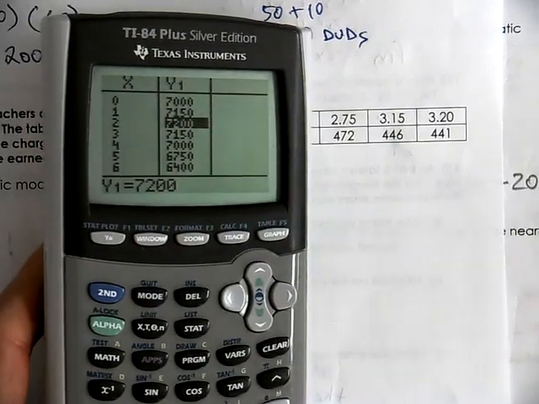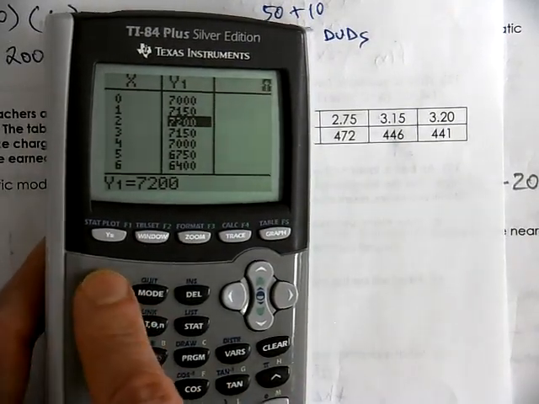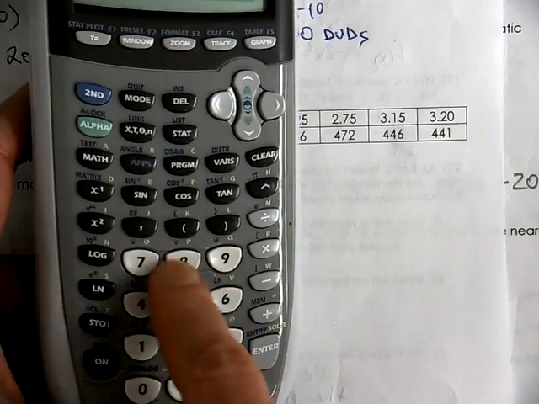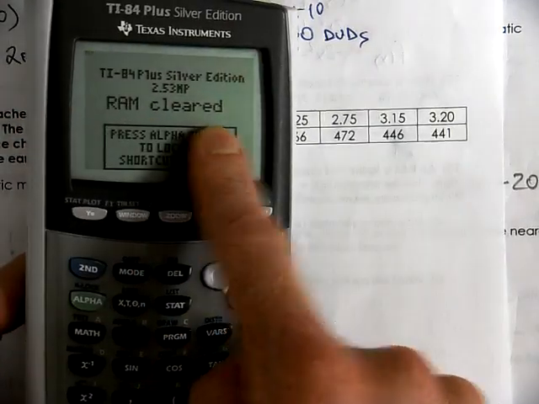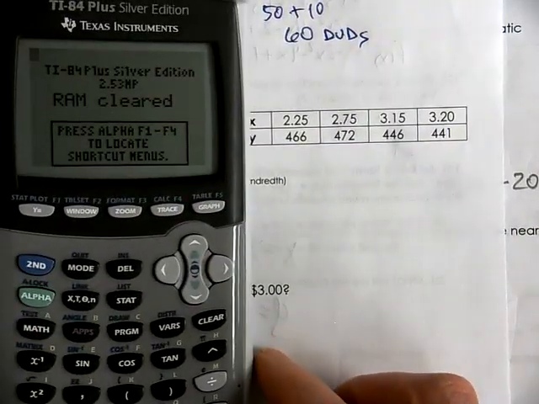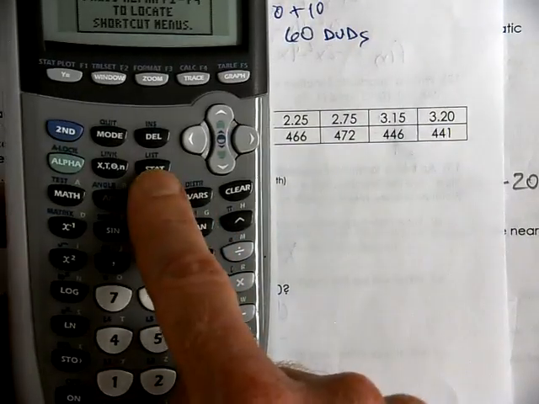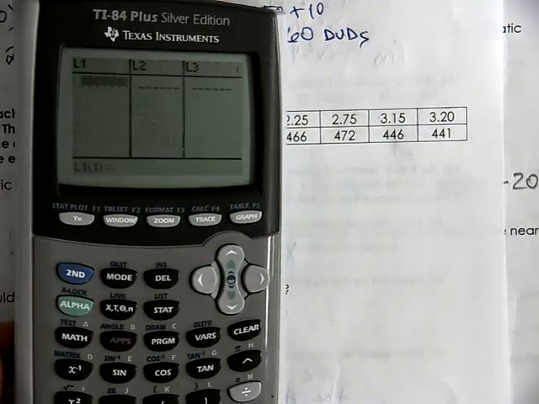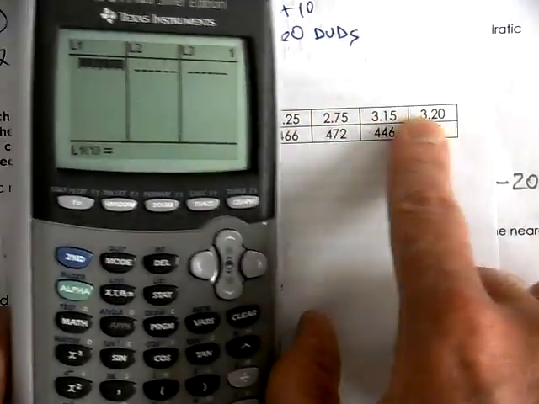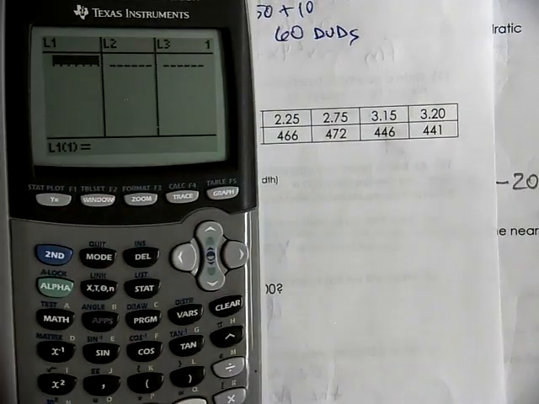I'm going to go to my calculator. Second plus 712. That clears my calculator. That cleans it up. I'm going to go to Stat, Edit, and put my X values in L1.